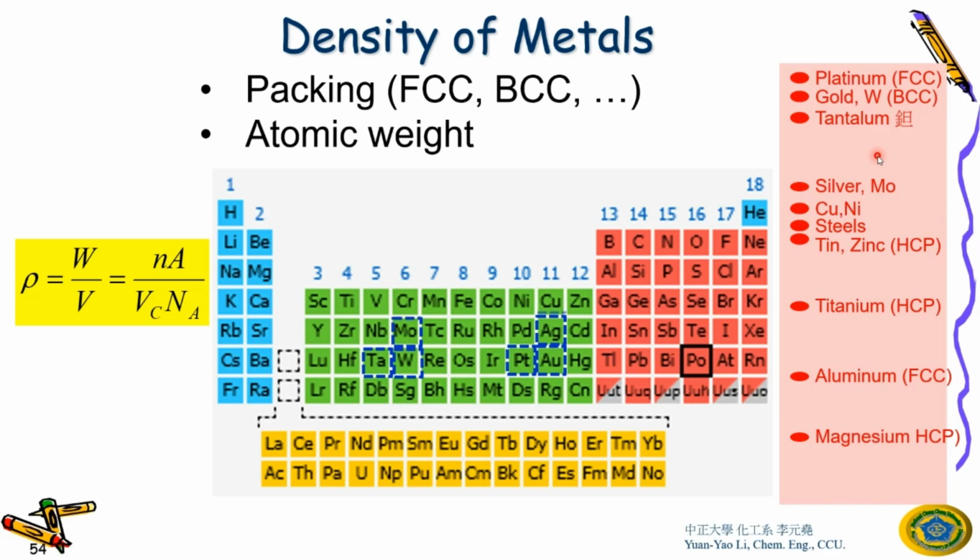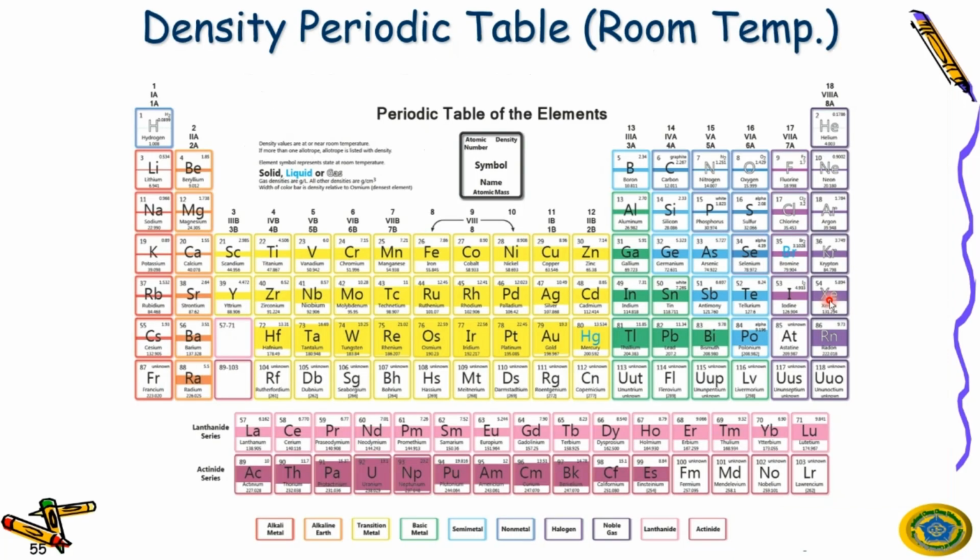And the copper is also a heavy metal here. Again, this information is telling you the density periodic table at room temperature. The one here, the density is very high.